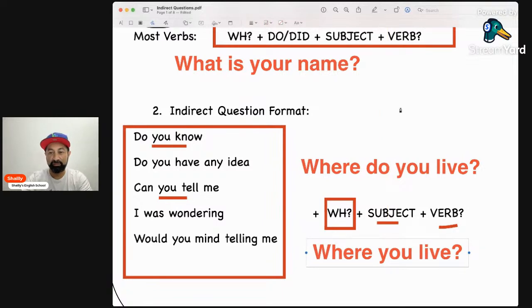If you notice, this verb, do, in the indirect question, we have no do verb. So whenever you do an indirect question, the do, does, and did get removed. We no longer use the do, does, or did.